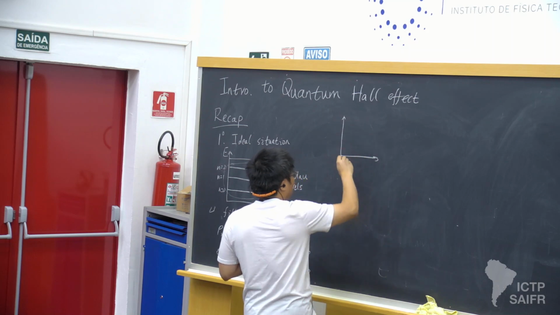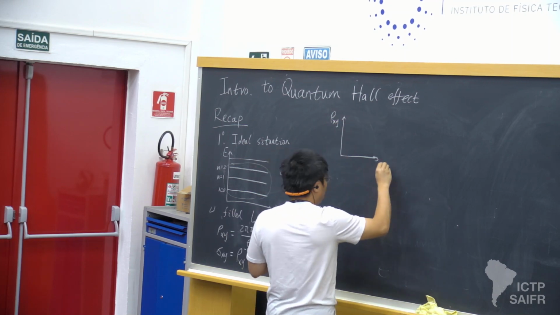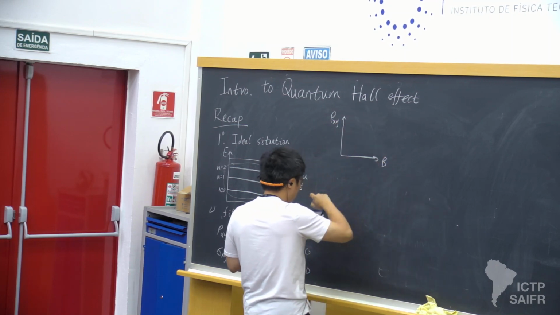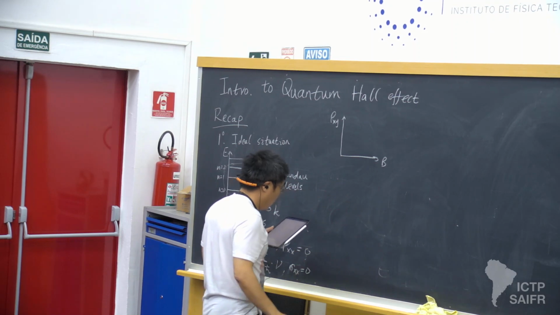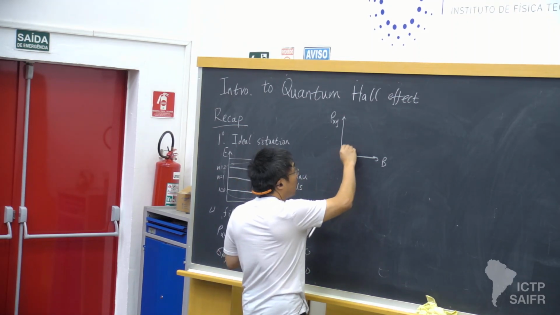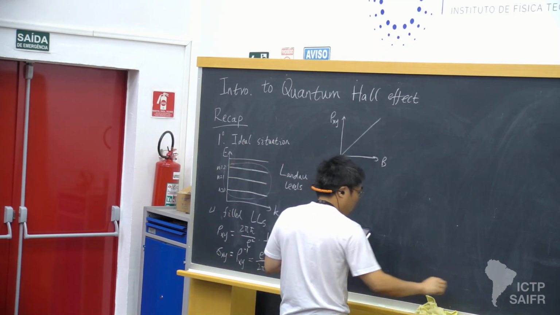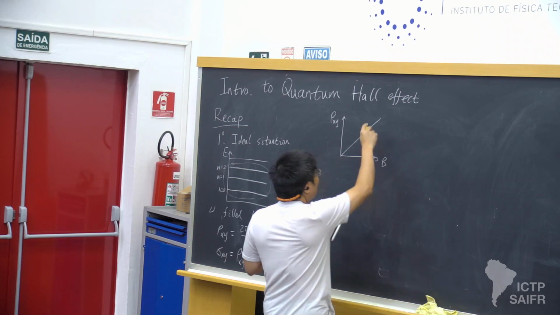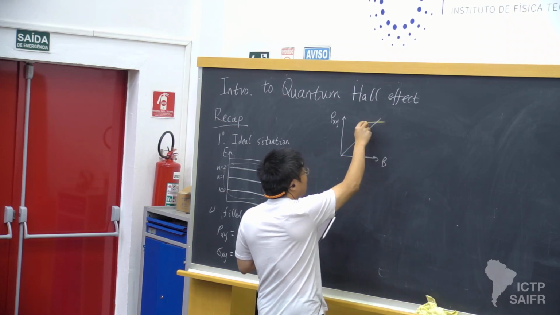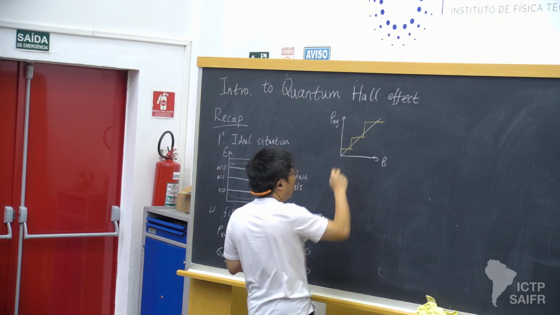So again, let me draw this plot. You ask how the Hall resistivity changes with the magnetic field. Classically, you would say it's just proportional to the magnetic field. But in the quantum world, what you end up with are those very robust quantized plateaus.